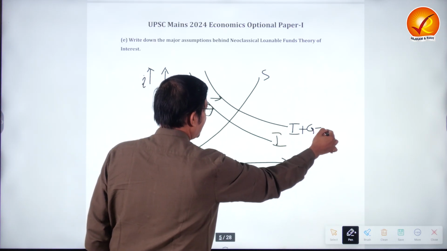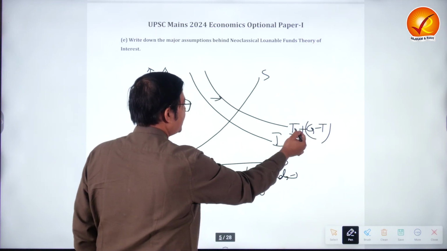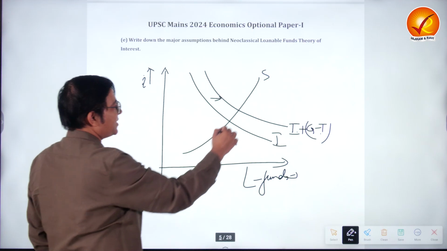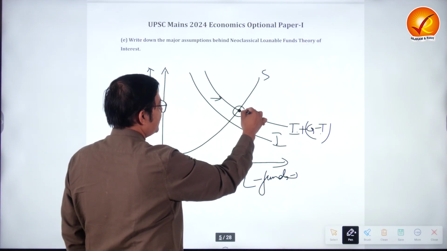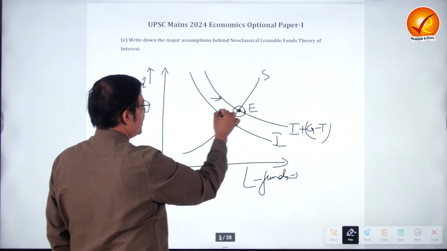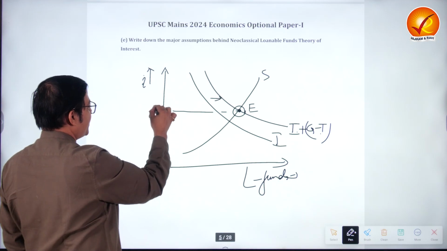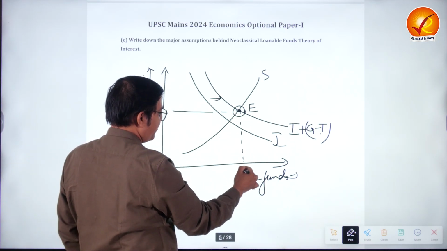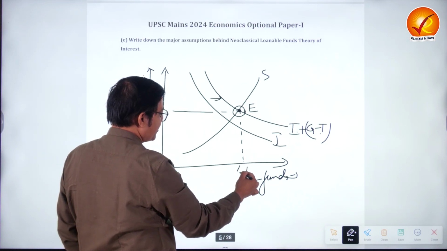You can call it as I plus G minus T. It is like investment plus the government expenditure minus taxation. In that case, the equilibrium will be here. Accordingly, there will be some equilibrium interest rate, call it I1, and some equilibrium amount of loanable funds, call it L1.